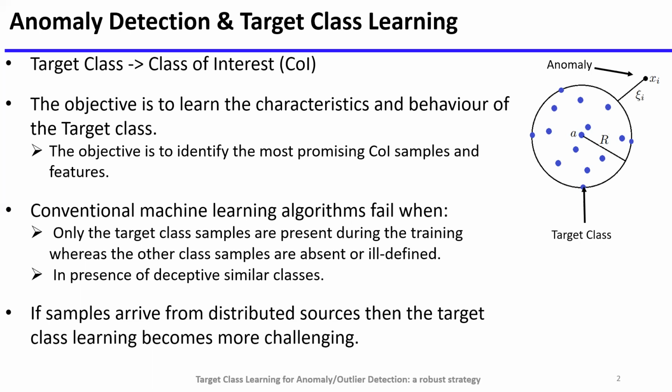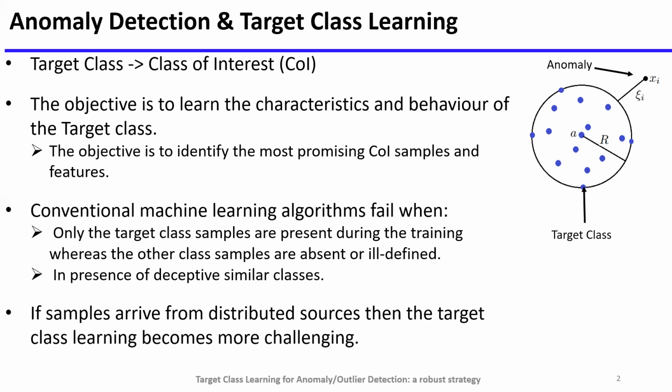Suppose you have trained conventional machine learning algorithms, like a binary or multi-class classifier in supervised learning mode, and let us assume that we are using the binary classifier and training our model on class A and class B. Those are well defined. But at the time of testing, suppose a sample that is totally anomalous and belongs to class C arrives for testing.